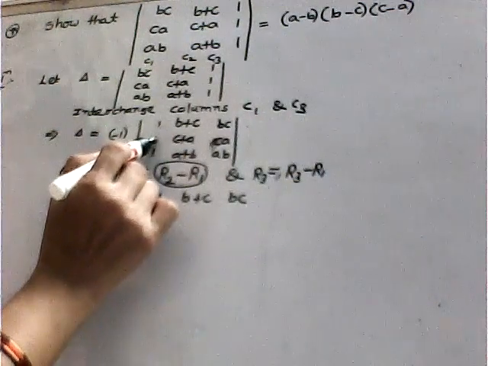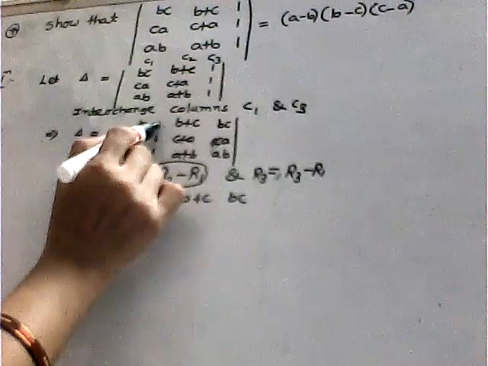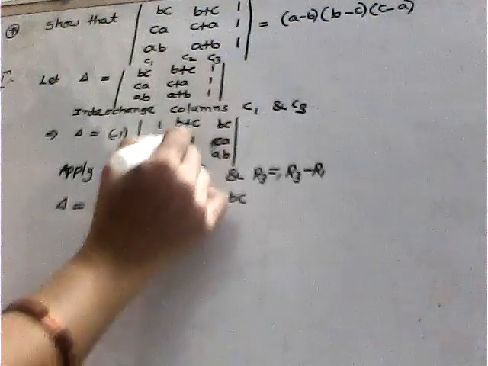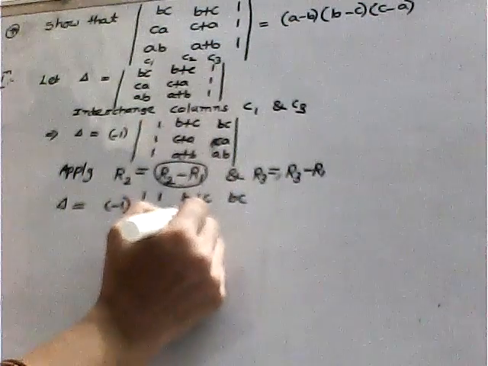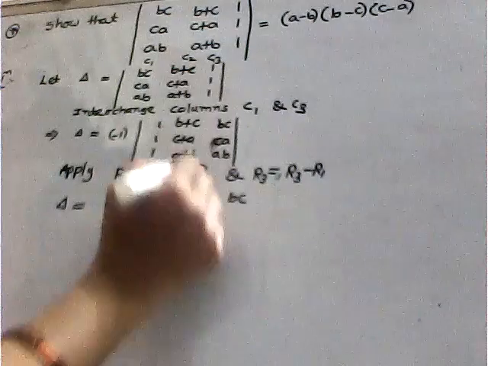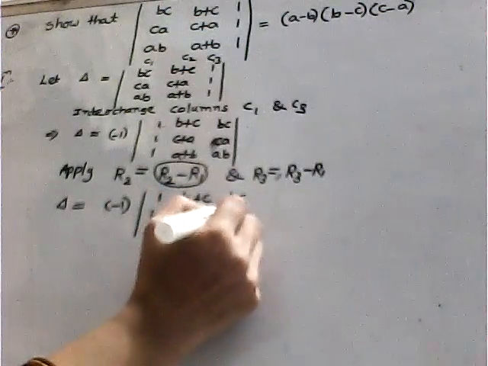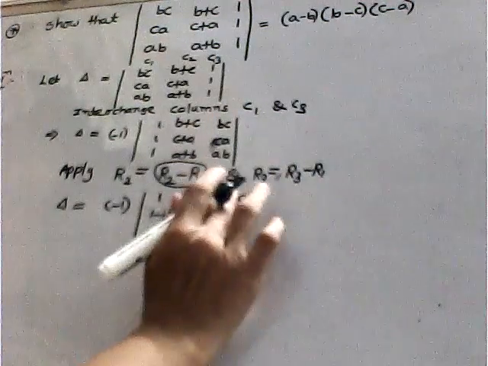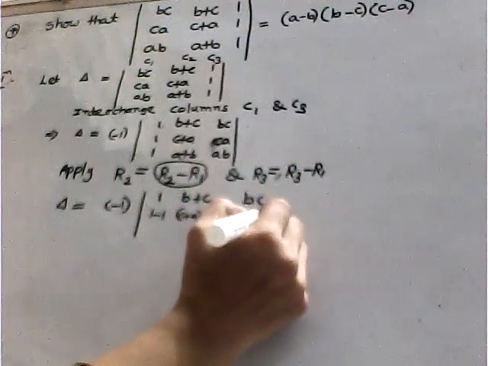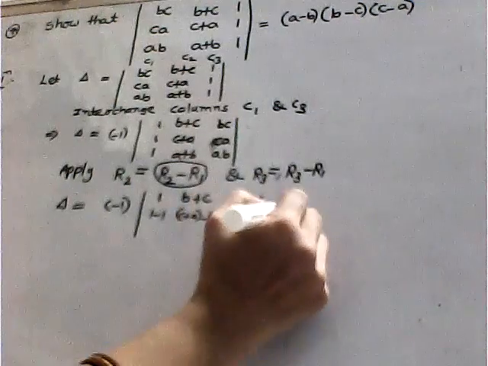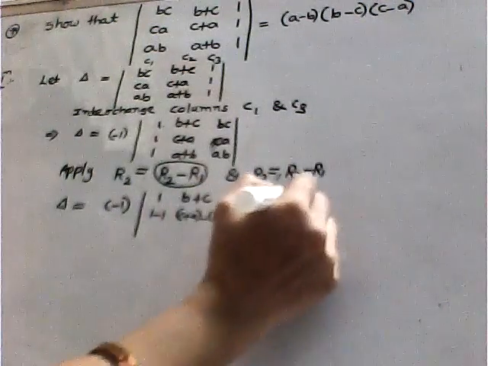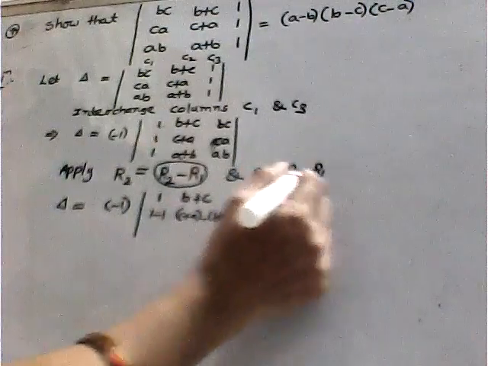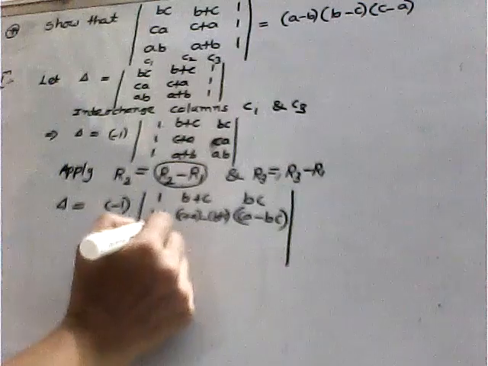In the first place we take 1 minus 1. Next, C plus A minus B plus C. Next, CA minus BC. Next R3 is taken as R3 minus R1, so this is 1 minus 1.